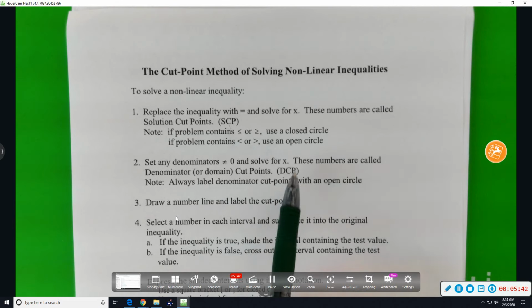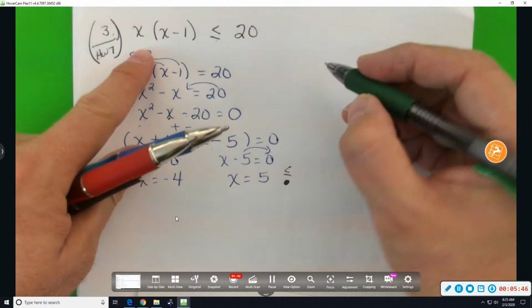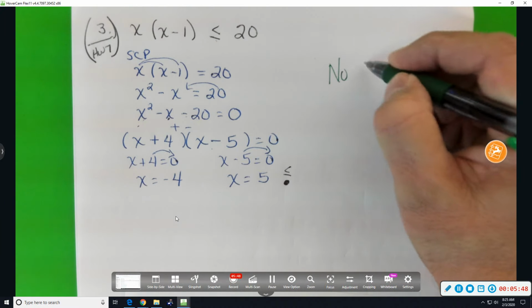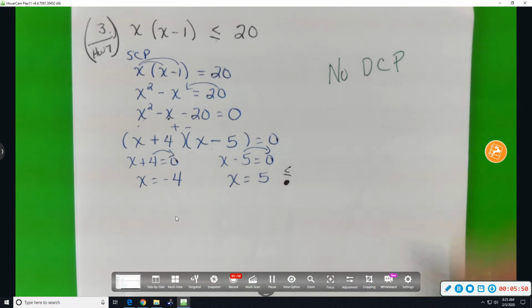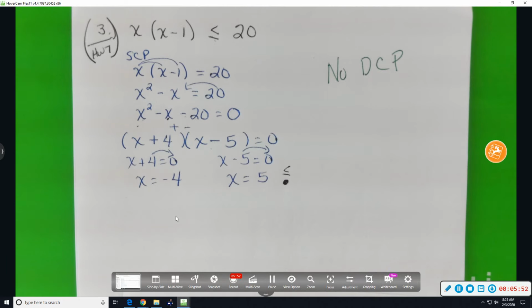Okay? Well, we call those denominator cut points. But over here on this particular problem, there are no denominator cut points. Why? Well, there's no fractions. So, problems 1, 2, 3, I think the first 3 problems in your homework have no denominator cut points.